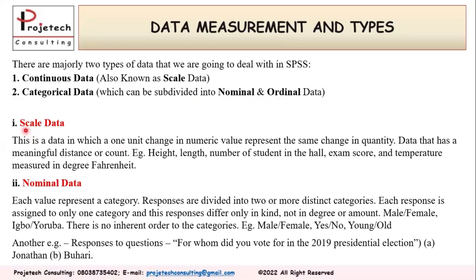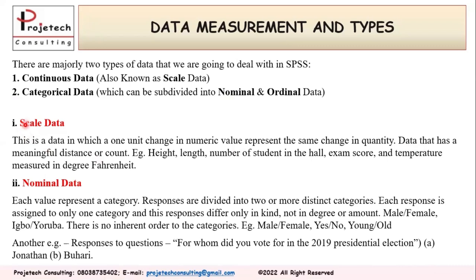Now, the scale data, which is continuous data, is defined as the type of data in which one unit change in numeric value represents the same change in quantity. It means that data that has a meaningful distance or count.